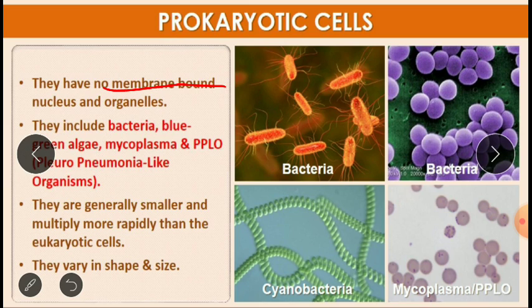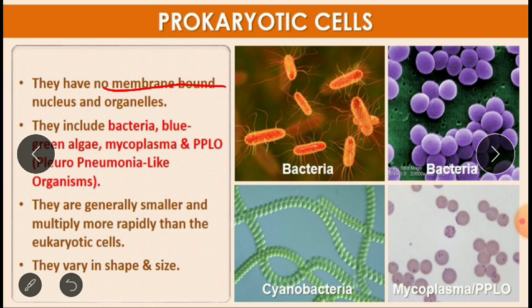So what are organelles? The organs which are present within the cell. For example, we have the digestive system and respiratory system. In the digestive system, there is the stomach, small intestine, large intestine. All these organs, like stomach, small intestine, large intestine, mouth, esophagus, pharynx, together perform a function, that is digestion.